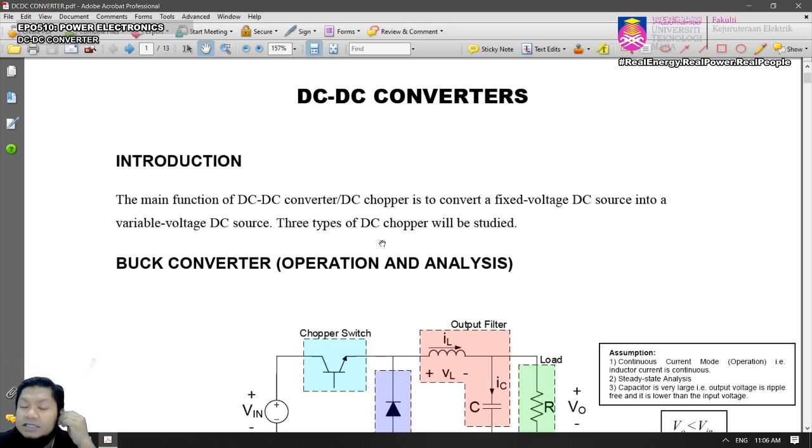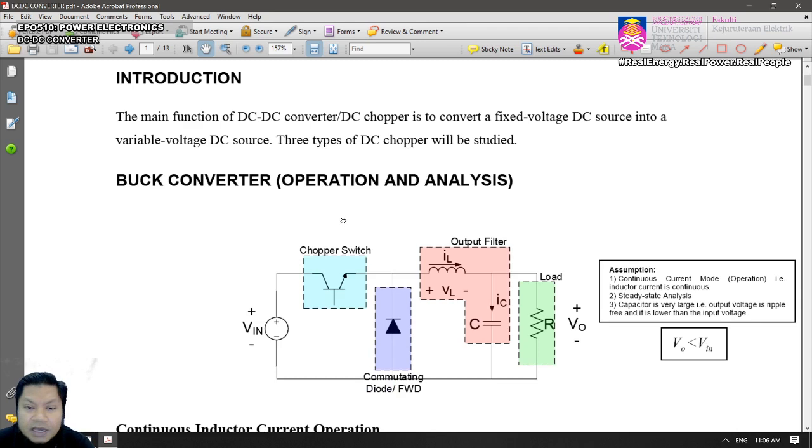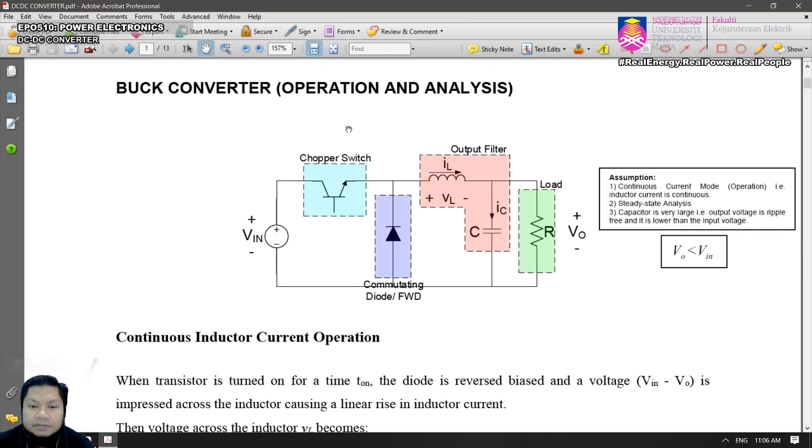Three circuits that we're going to study, and let's look at the first, the buck converter, and this is the circuit connection. We have an input voltage V in, and then this is a chopper switch. For the switch we can only use a controllable switch. You cannot use a thyristor, and of course you cannot use a diode.